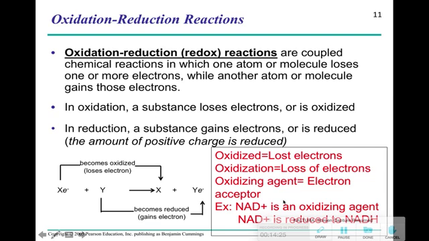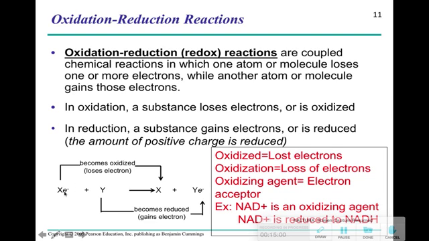There's a little tricky thing here. Whenever something undergoes oxidation, it is said to be a reducing agent. NAD plus accepts electrons, or gains electrons, so it undergoes reduction and it is called an oxidizing agent. Remember, NAD plus is undergoing reduction, gain of electrons, and it is called an oxidizing agent.